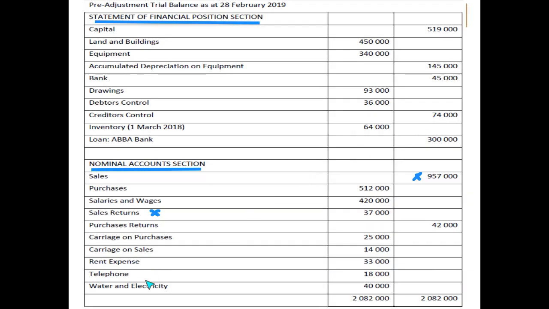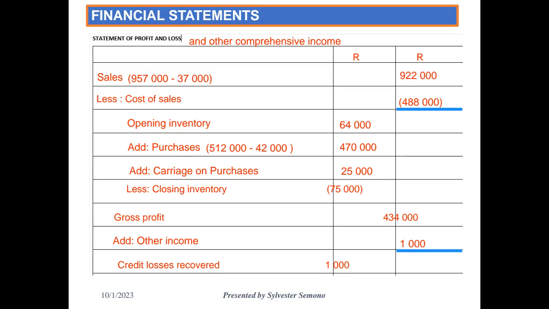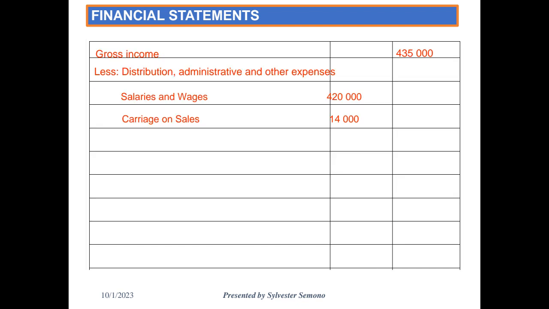I think we should increase. Why? Remember that 5,000 has been paid already. It means it is included in that rent. How much is the rent given to you in the trial balance? And then we are decreasing. When you see a prepaid expense or any prepaid, you must always minus it because it has been included.